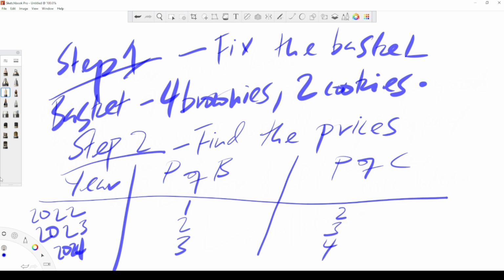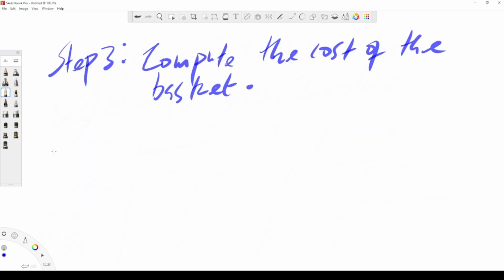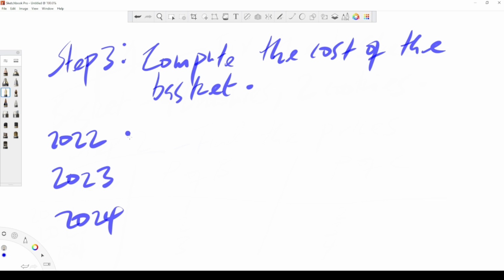Now the third step is to compute the cost of this basket. Remember we had 2022, 2023, and 2024.